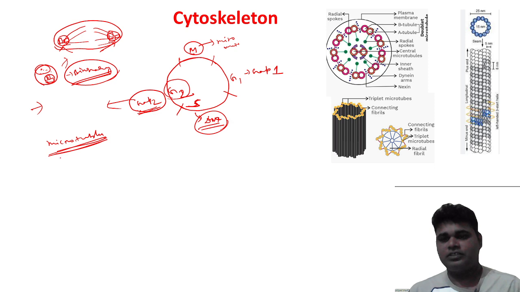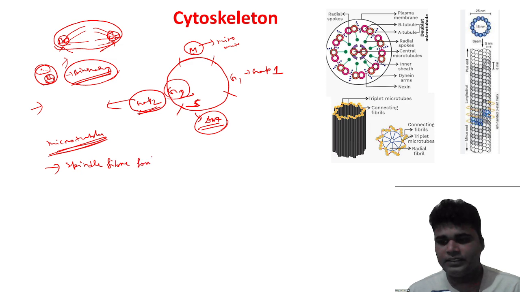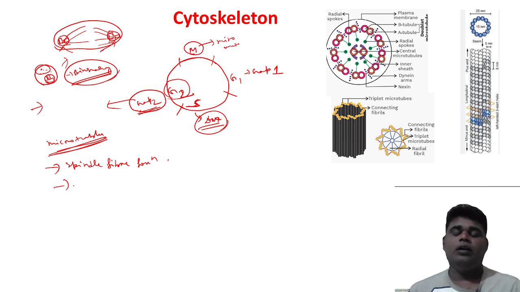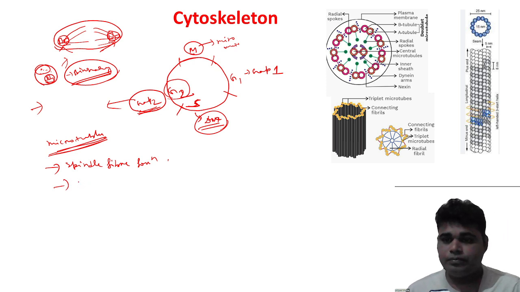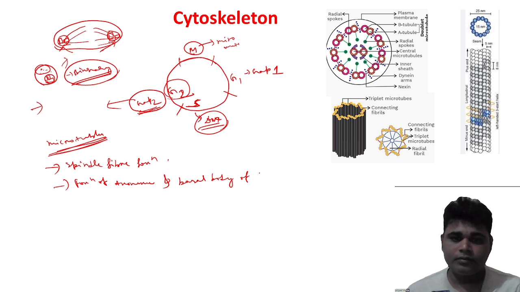As I have already discussed, but just as a summary: one is spindle fiber formation, the second is the formation of the axoneme and basal body of cilia and flagella.